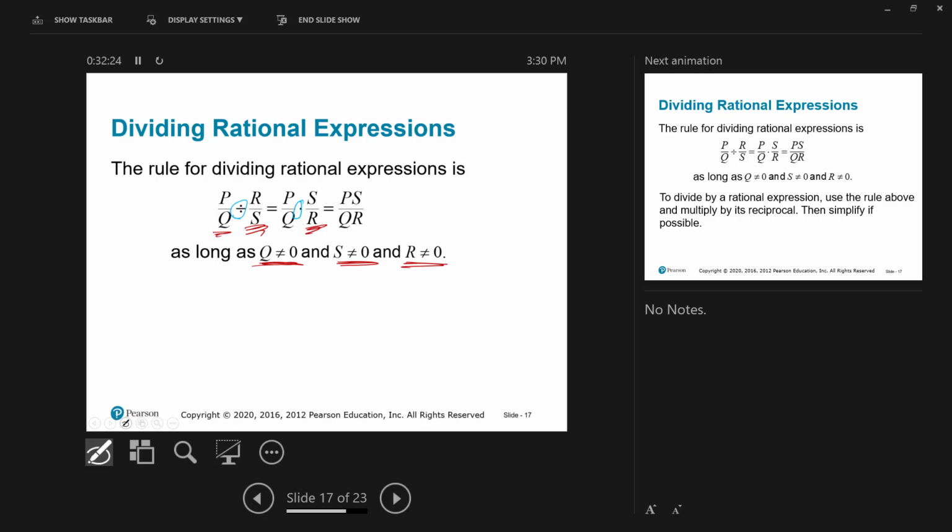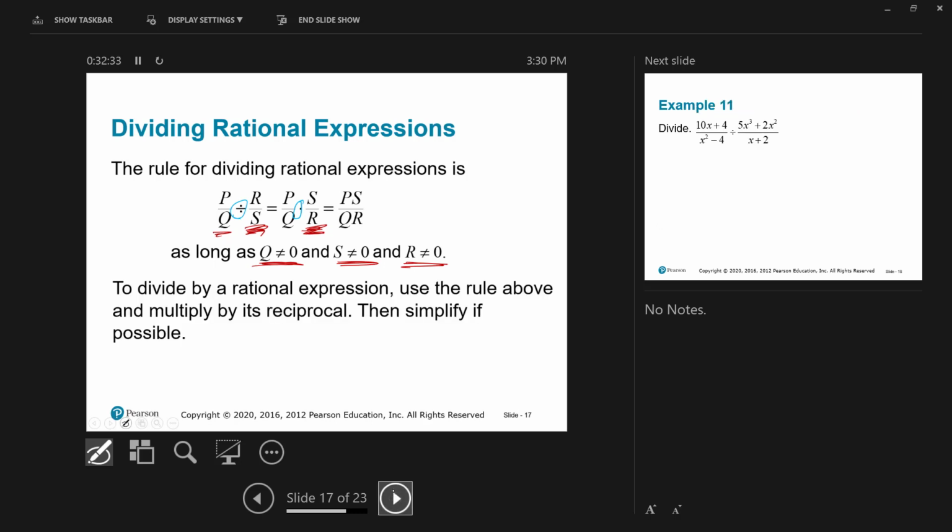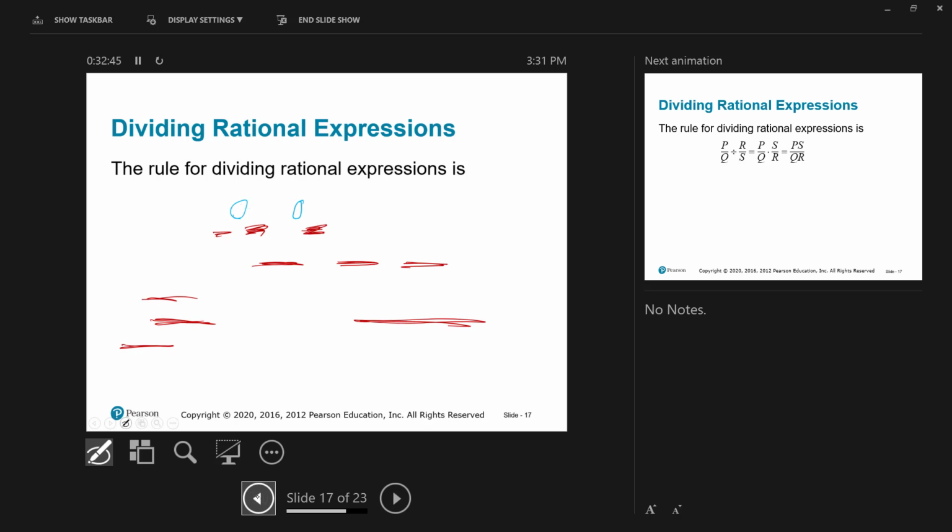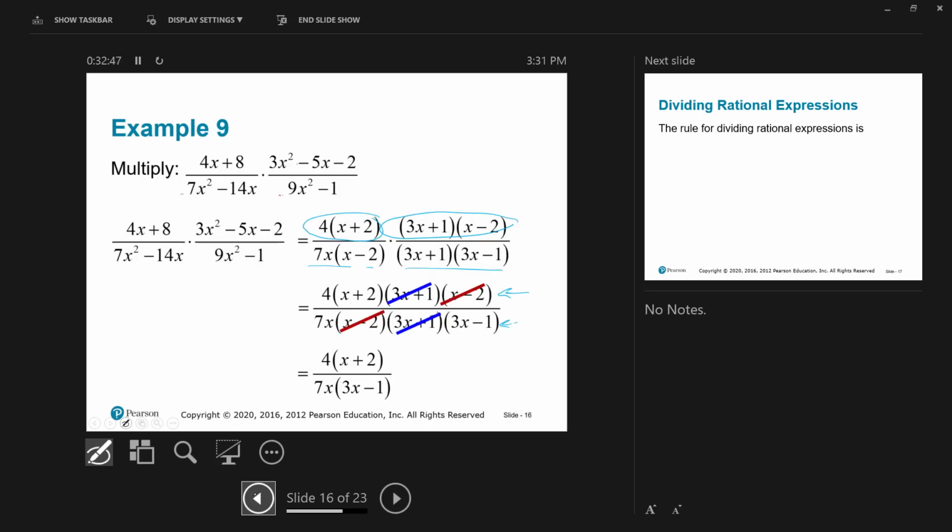You had a Q, you had the S in the original, but when you flipped it over, R became the denominator, which means there's 3 of them that can't be 0. And in order to divide, you basically make it a multiplication problem, and then you do what's normal. You simplify if you can. You do just like this last problem.